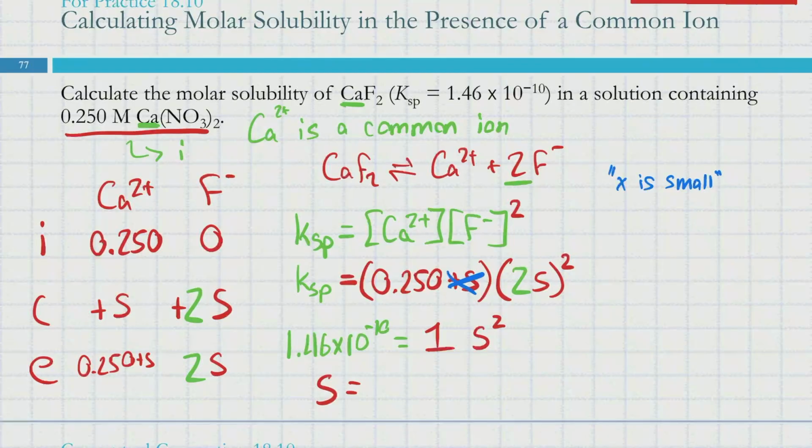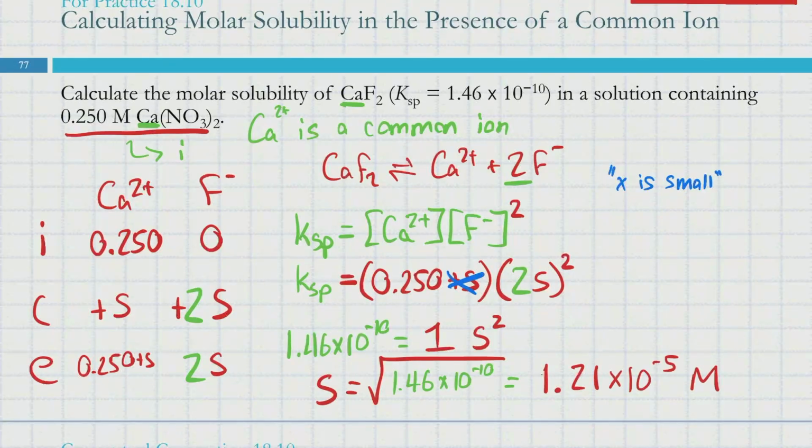So s is equal to the square root of 1.46 times 10 to the minus 10, and our answer is 1.21 times 10 to the minus 5 molar. Questions?